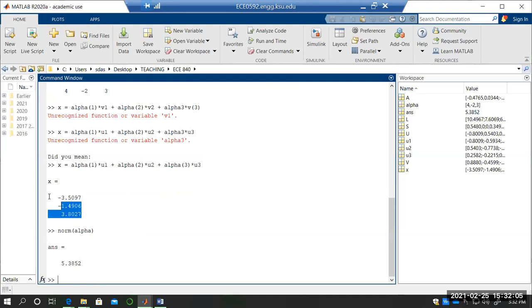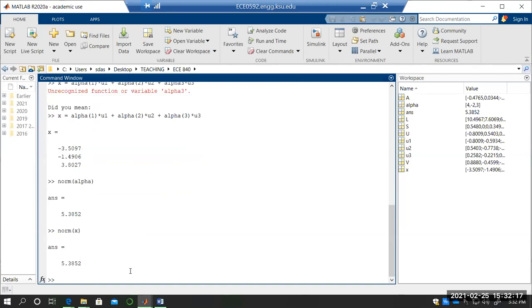Do you guys see this? But norm of x would give you the same value, 5.3852. So the L2 norm of x is alpha 1 squared plus alpha 2 squared plus alpha 3 squared, square-rooted.